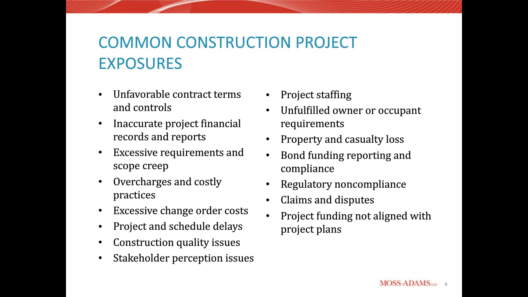And then you also have general project management. That could be on the owner's side, whether you have a facilities department that handles your oversight, an external project management company, or just the general contractor themselves and the way they manage the projects.